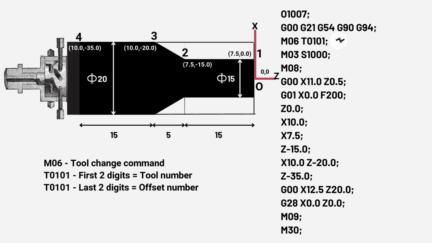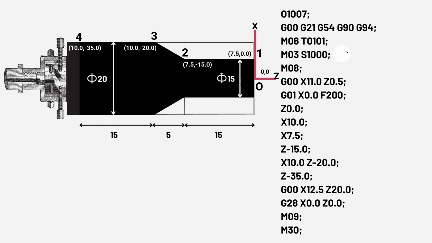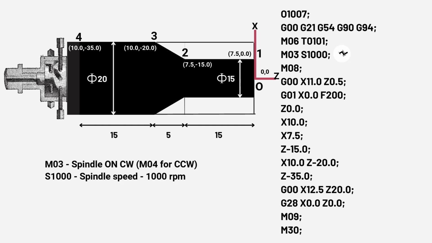In the third line, we are invoking the tool change command M06 and changing the tool to tool number 01. So T0101 is also written here, followed by end of block. In the next line or block, we will switch on the spindle using the M03 command, which would give a clockwise rotation.